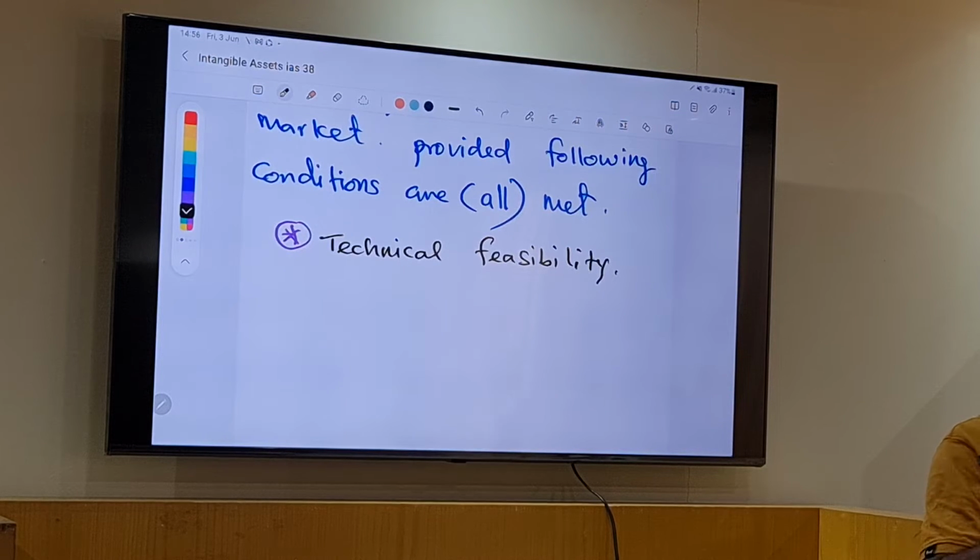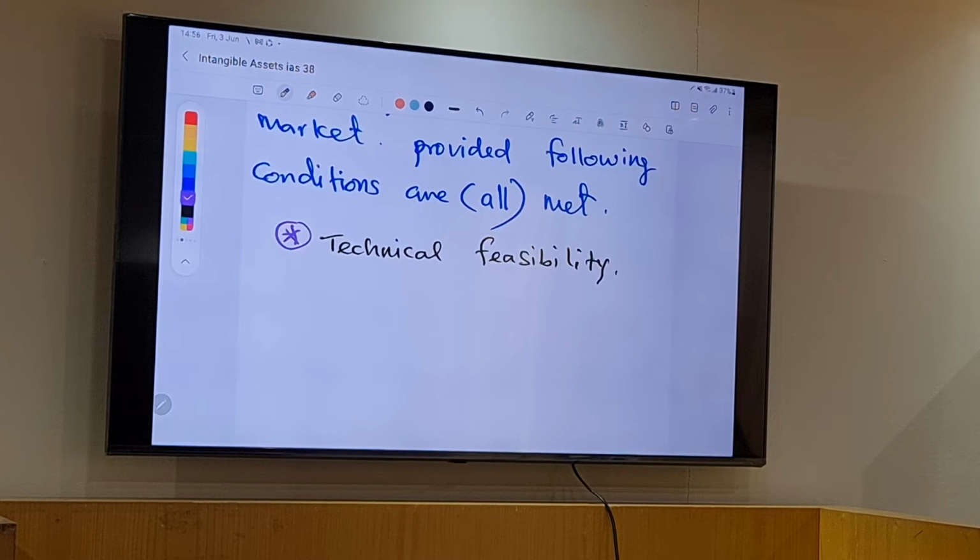And also every airport specifically mentioned, you cannot take Samsung Note 8 and travel because there was a risk that the battery may blast. So there is no technical feasibility in that product. So for you to say my development of this product is successful, and for you to call this an intangible asset, it should satisfy technical feasibility.